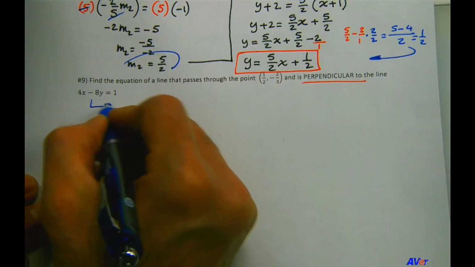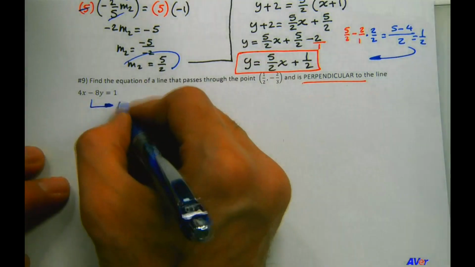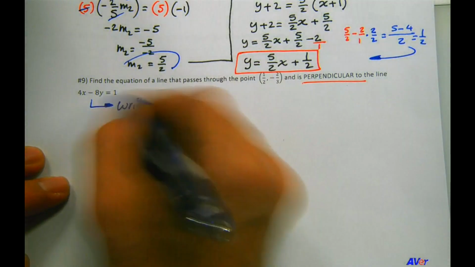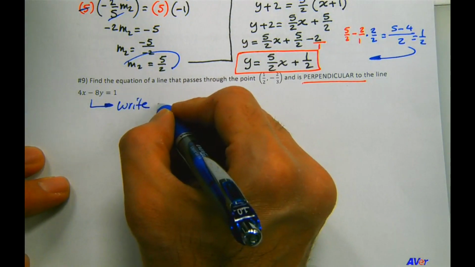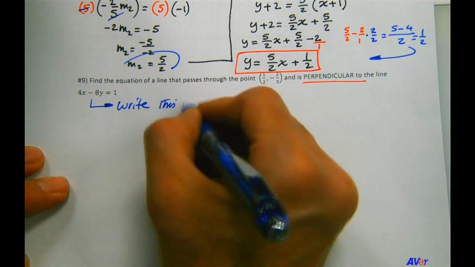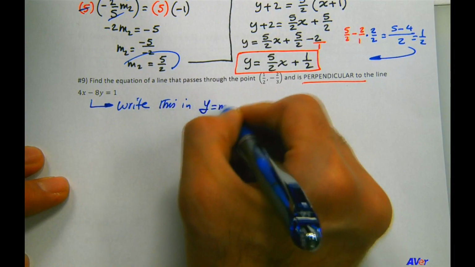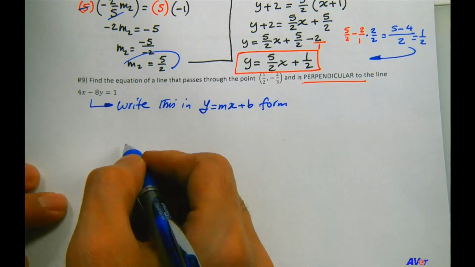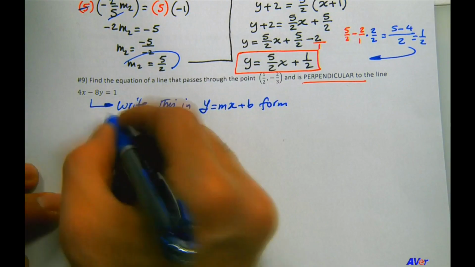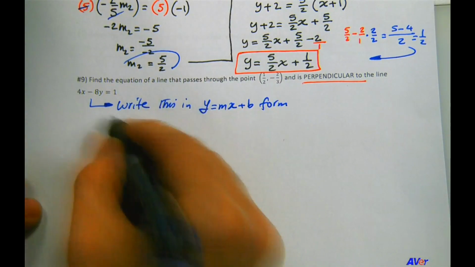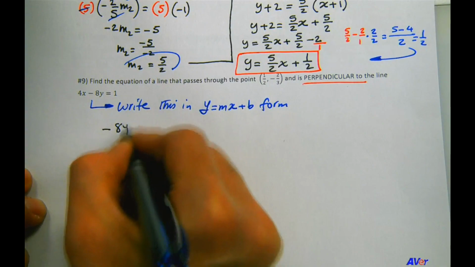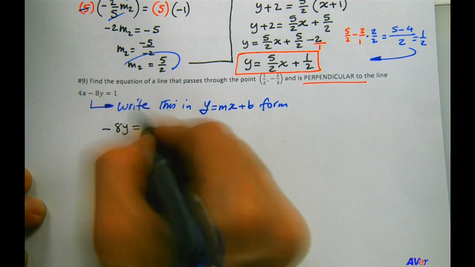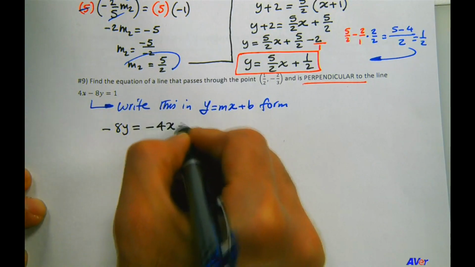Okay, so here, let's write this. I'm assuming you have your own solution already, which is great. So write this in y equals mx plus b form, right? So let's do that. We have minus 8y equals minus 4x plus 1.